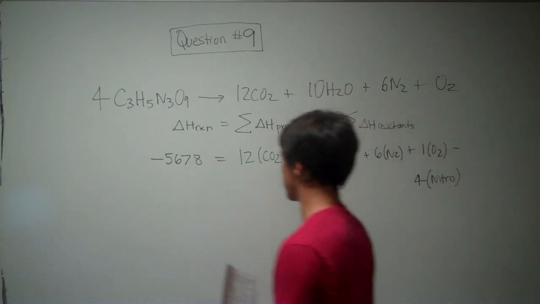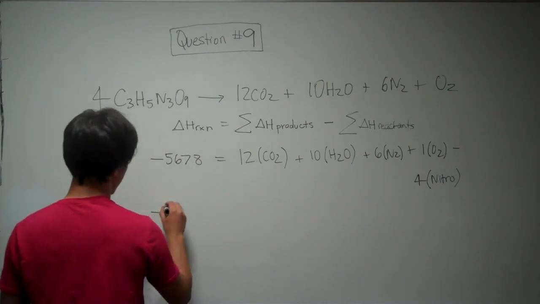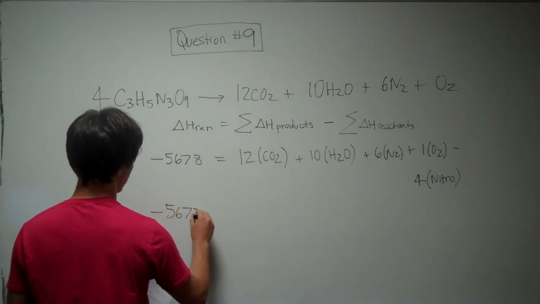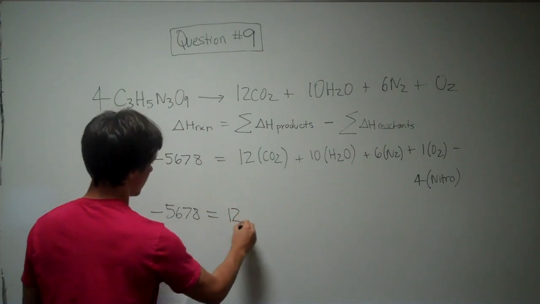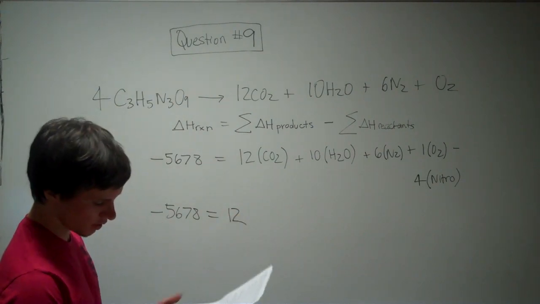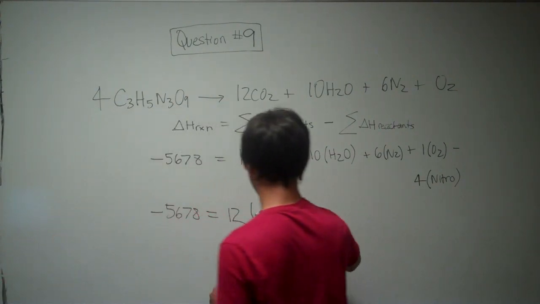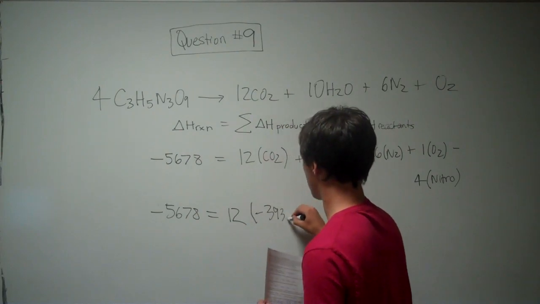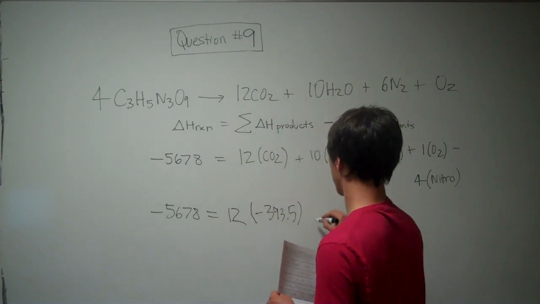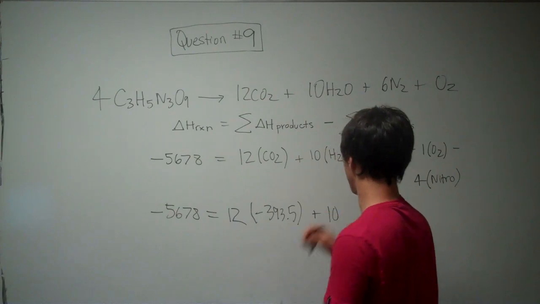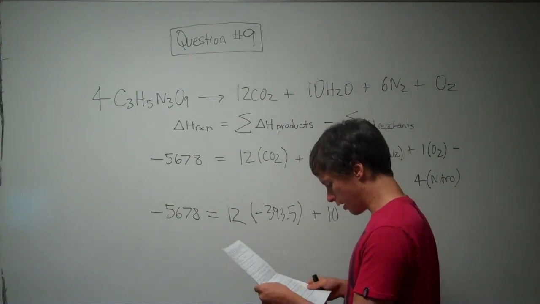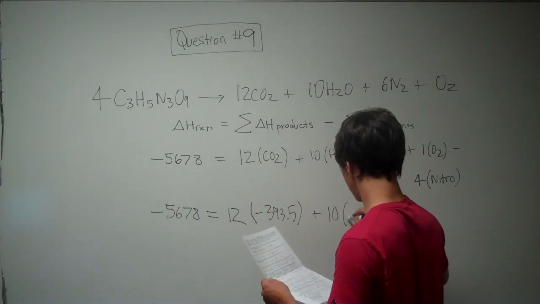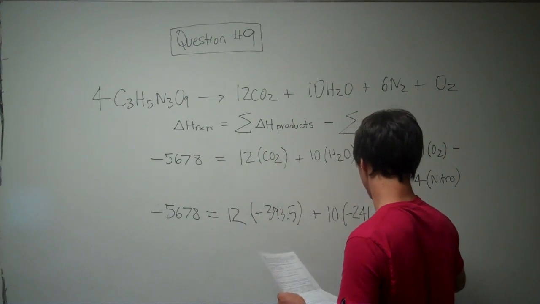Okay, so let's plug in what we know. We have negative 5,678 equals 12. Now, did they tell us the value for carbon dioxide? Yes, they did. It's negative 393.5. Okay, so plus 10, they told us the value for water, and it is negative 241.82.